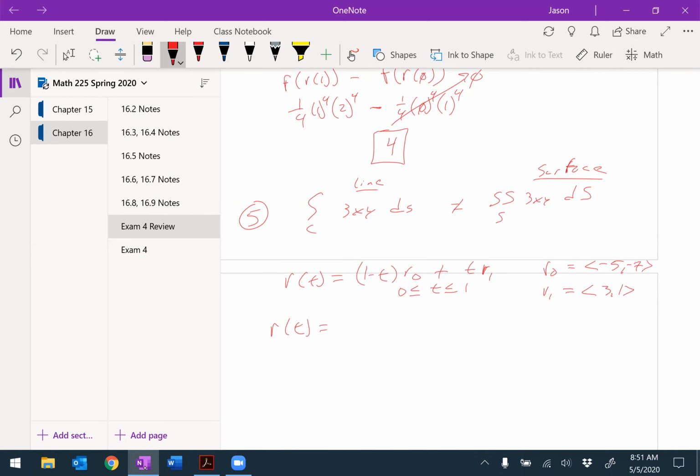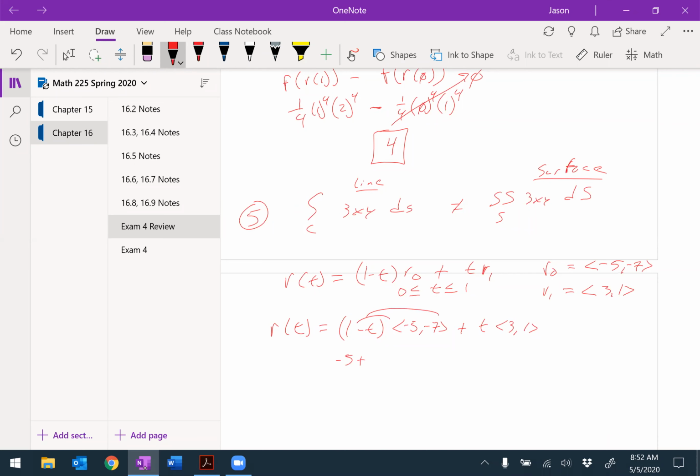Okay, so we're going to plug in 1 minus t times r naught, which is -5, -7, plus t times 3, 1. Distribute this.